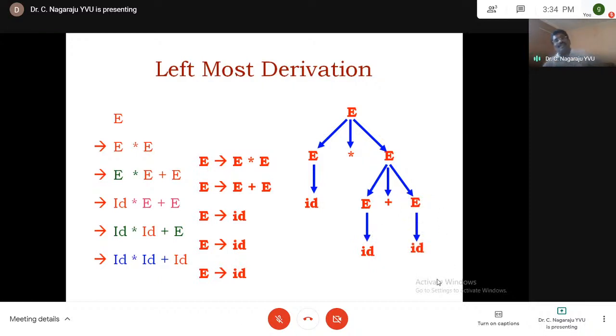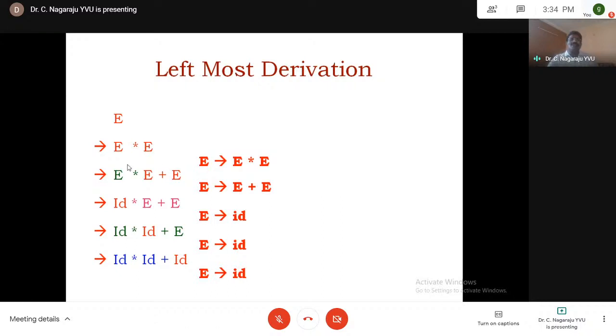So now you see the construction of the leftmost derivation. Again I will explain this. In the leftmost derivation, the leftmost non-terminal should be replaced with its productions until we reach the terminal node. After that, the scanning will be from left to right. In this derivation, first you take the root.